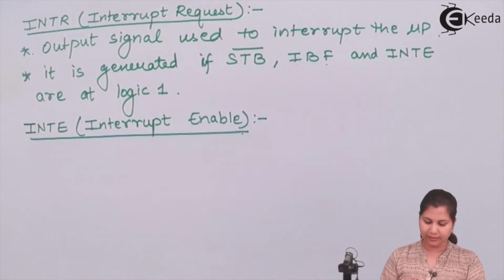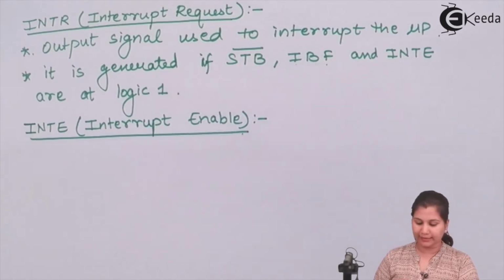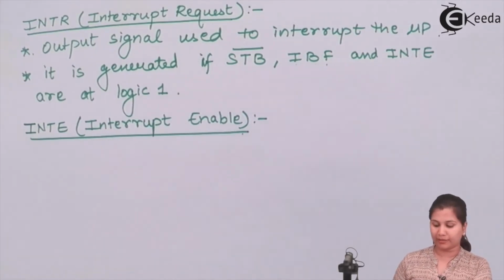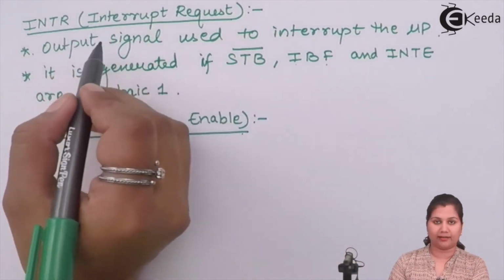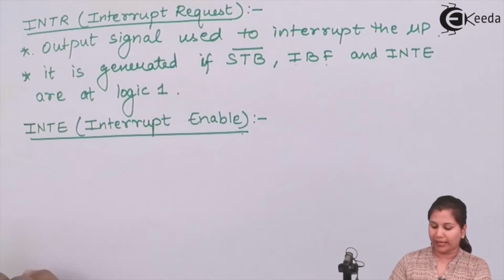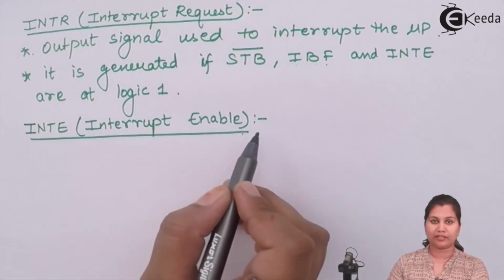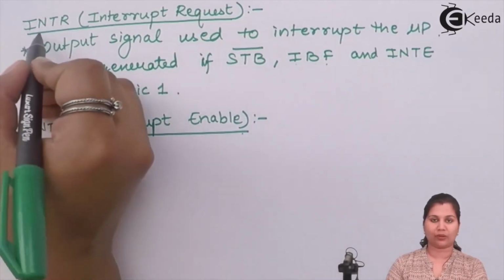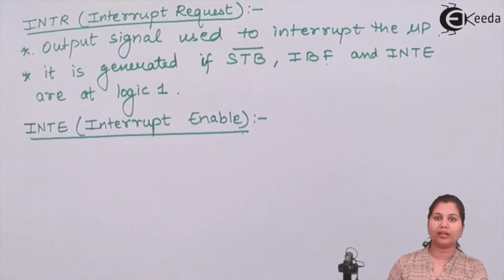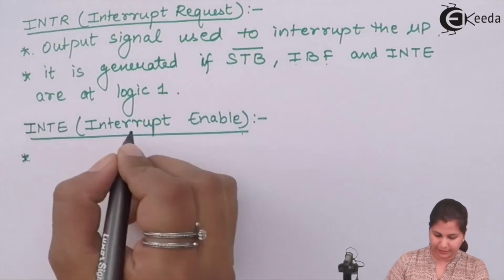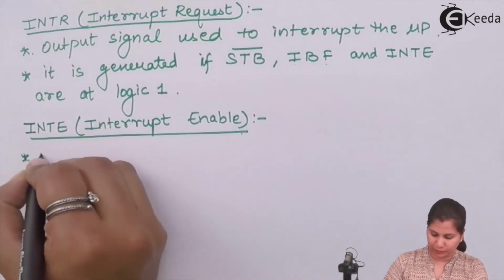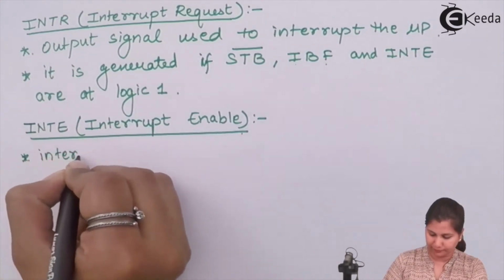Now this signal is an internal flip-flop to the ports, and it needs to be set to generate the interrupt request INTR signal. So INTE, interrupt enable, if it is 1, then only the interrupt request will be generated.